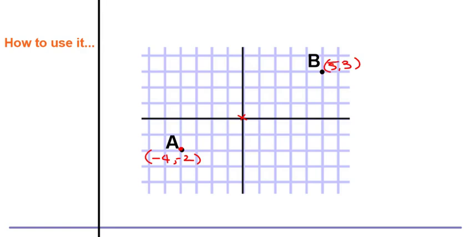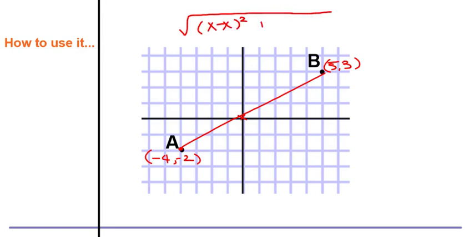And what we ultimately want to do is find out how far it is from A to B, how many spaces that is. Well, again, the formula is x minus x squared and y minus y squared. What we can do is use that triangle that we were using before with midpoints, and the left and right distance is x minus x up here.